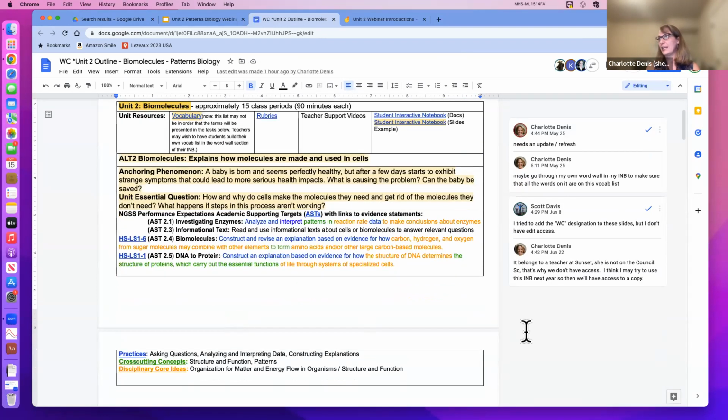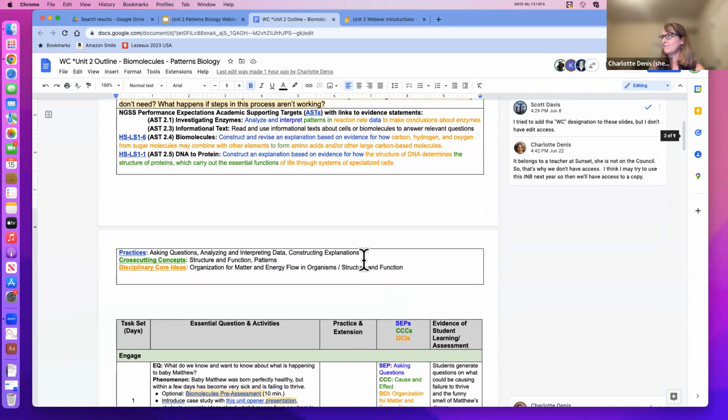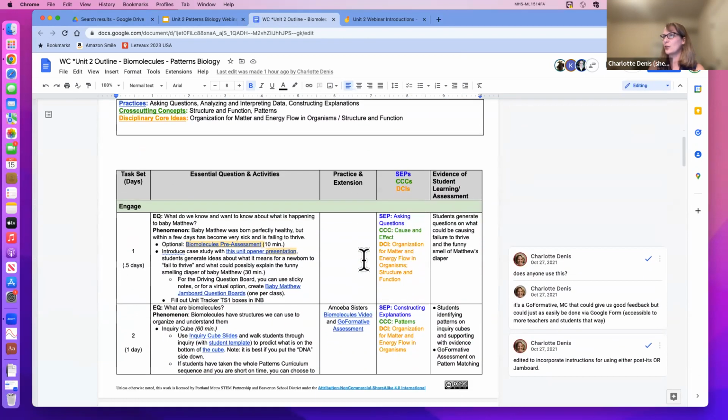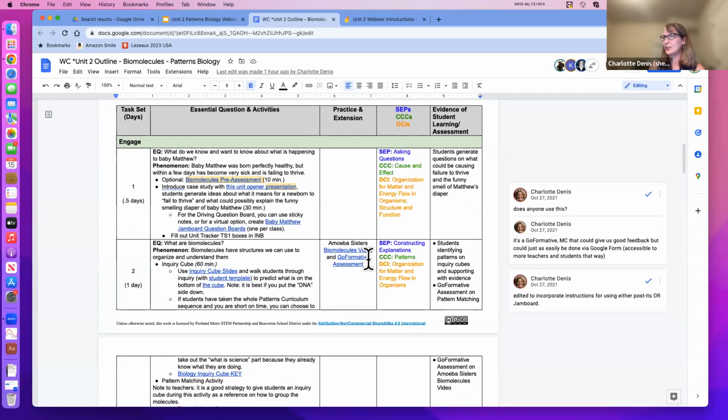Right now you can see my comments on your end. When you open this document, you can't see the comments. Those are things that we work with, or the comments that we make in the Biology Council, which is the group that develops this curriculum. But you can see that we have task set 1, and what the essential question is, the phenomenon, and then a variety of tasks.